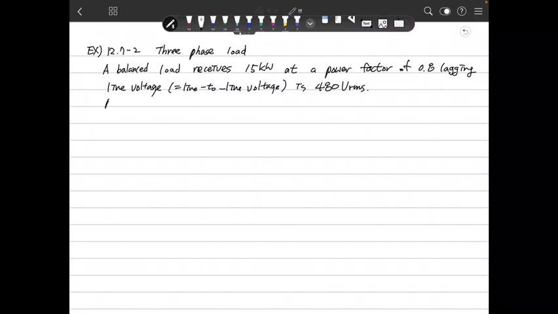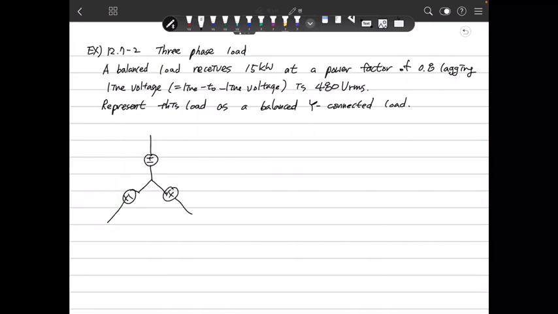Then the problem is to represent this load as a balanced Y-connected load. The problem can be represented with a Y-connected source here, and there is also a Y-connected impedance.